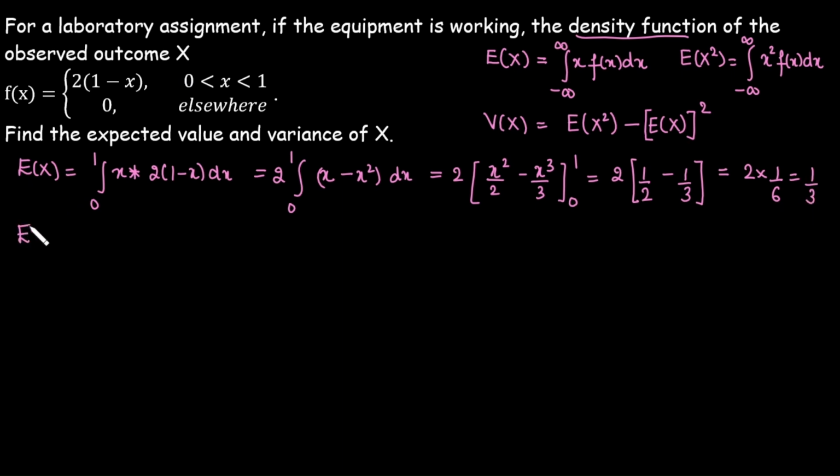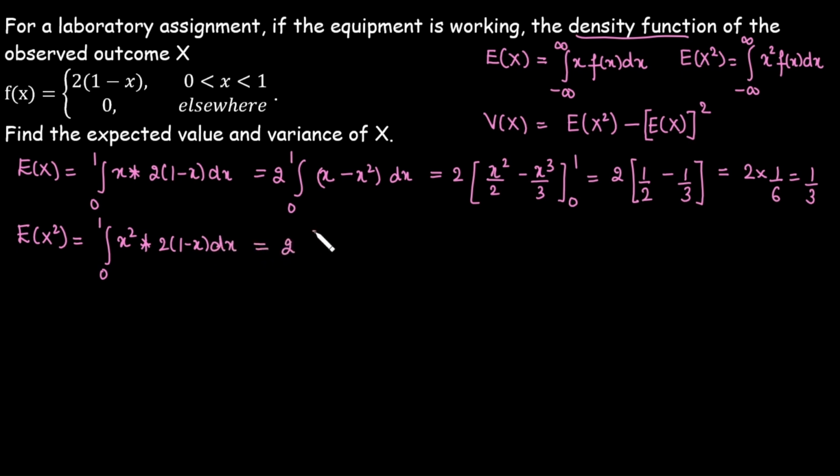Also calculate expected value of x square so that we can calculate the variance. That is integration from 0 to 1. Instead of x, it is x square. And this function f(x), that is 2 into 1 minus x.